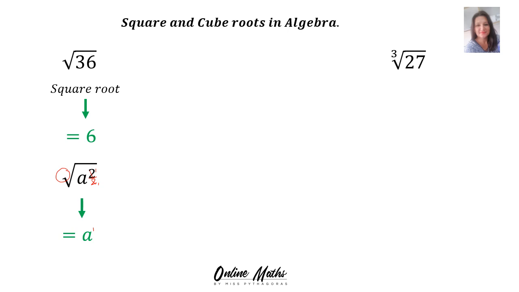When we look at the cube root of 27, the answer is 3. Why? Because 3 times 3 times 3 gave me 27. Now in algebra, when I give you the cube root of b to the power of 3, what you do is you take the 3 of the cube root and you divide the exponent by 3.